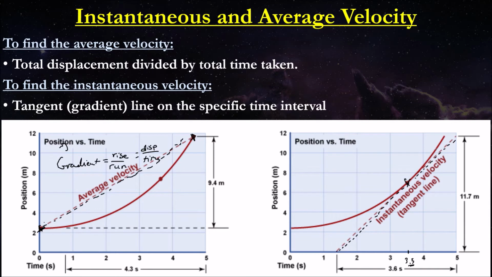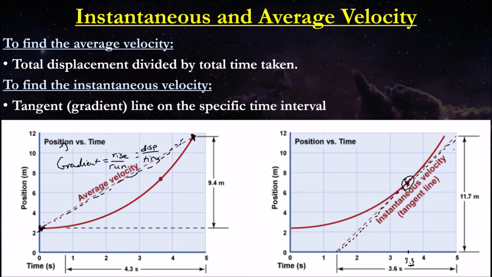Now, the key thing to note is when you're drawing the tangent line, the straight line you draw only touches the curve at that specific time. Okay, so you're only going to connect that tangent line to this point here, the designated time that we want, and we draw it out like that.